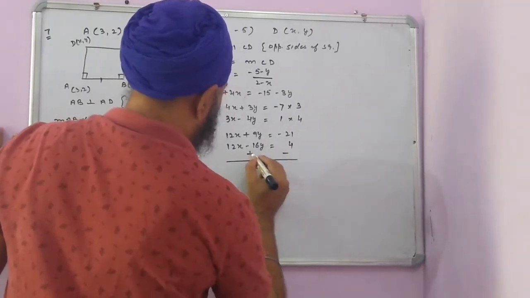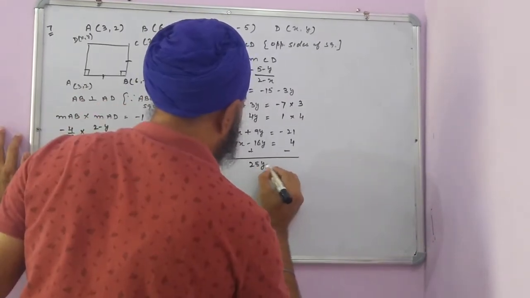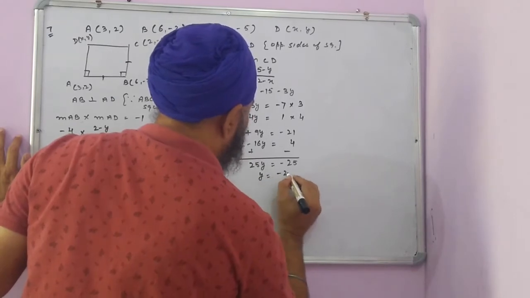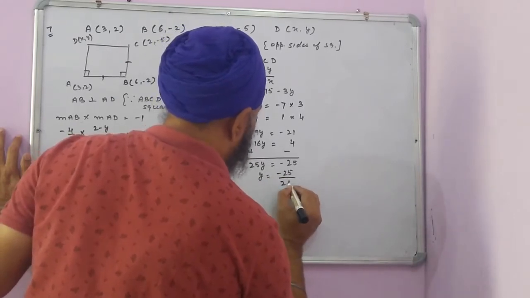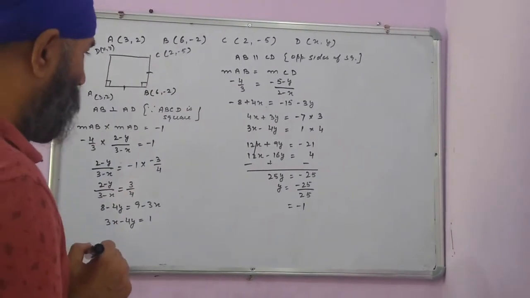Subtract: 25y is equal to minus 25, so y is minus 25 upon 25, equal to minus 1.